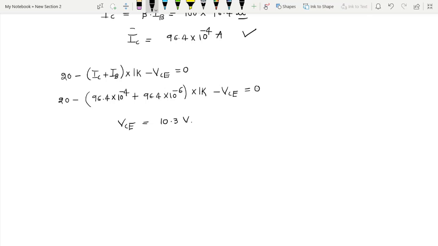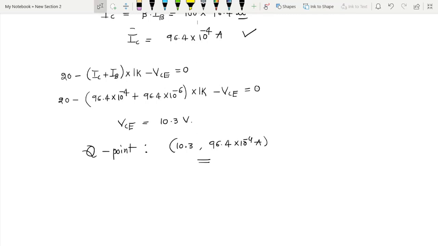Finally, the operating point or Q point value is 10.3 volts, comma, 96.4 into 10 power minus 4 amperes. Sorry, not microamperes. So this is the Q point or operating point of the given problem.